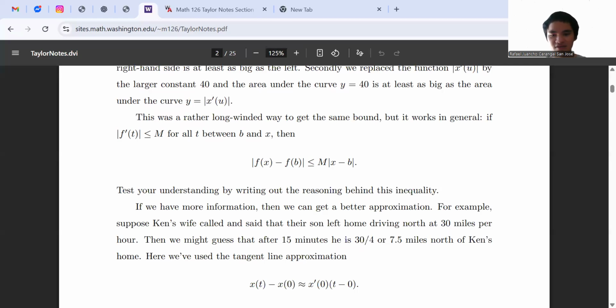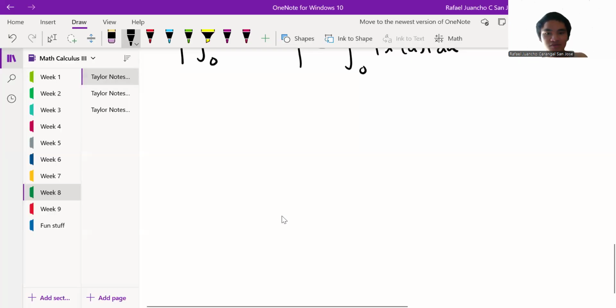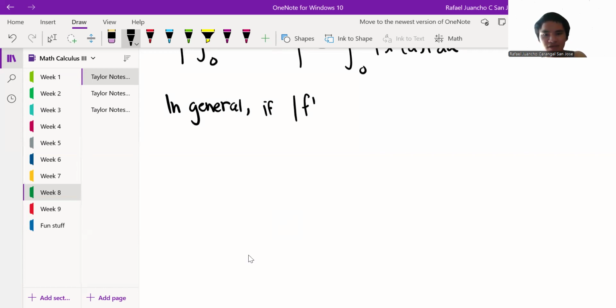So let's actually write that out, because my brain's gonna explode if I don't. So in general, I don't think we've gotten to the topic yet. We're still trying to derive this whole thing. We say that if we have some function, we take its derivative of t, so this is a velocity function. We get its absolute value. It's less than some bound m, so m's are bound.